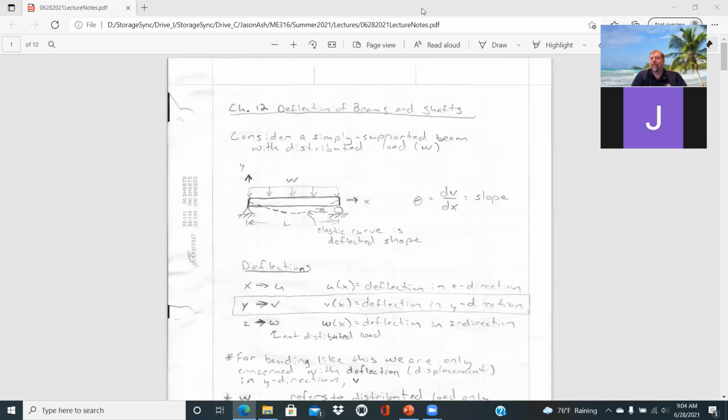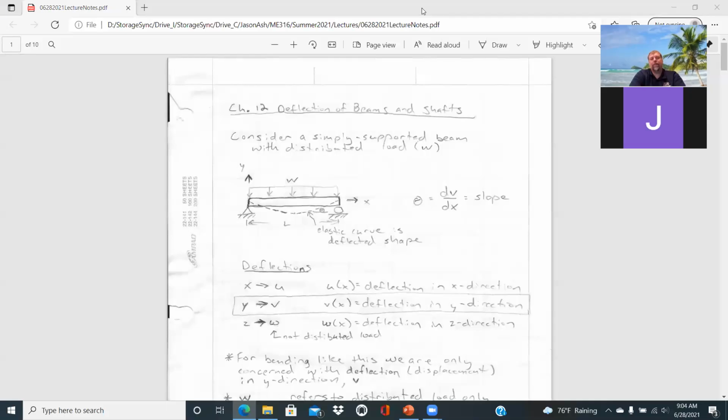This all fits really well together, just to combine all the beam information into one unit, really for our second exam that'll be in July.